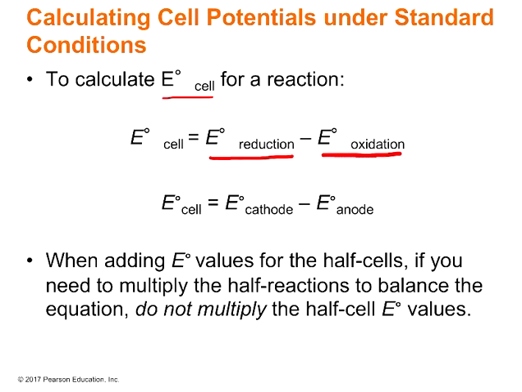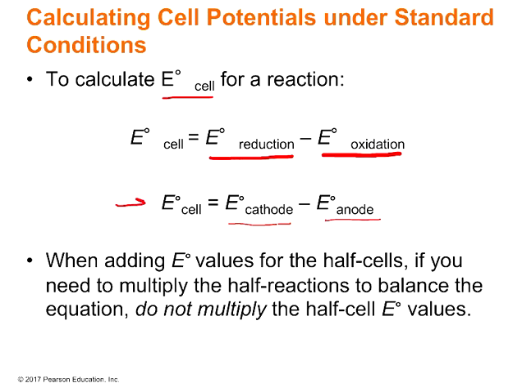The other way to think of this is, remember, reduction is on the cathode side of our electrochemical cell, and oxidation is on the anode side. So we could also write this as the potential of the cathode minus the potential of the anode. Whichever one is easier for you to remember is totally fine.